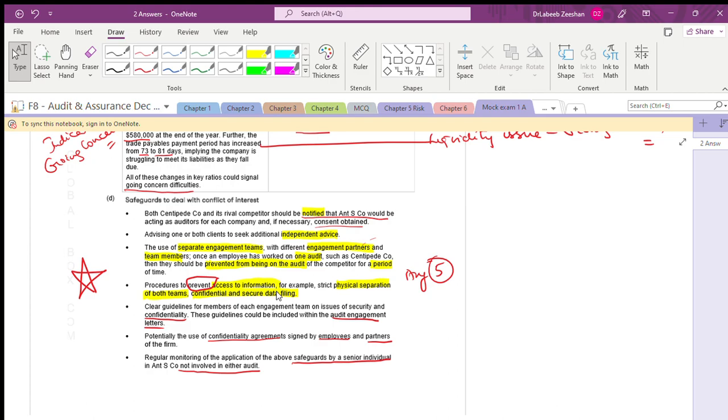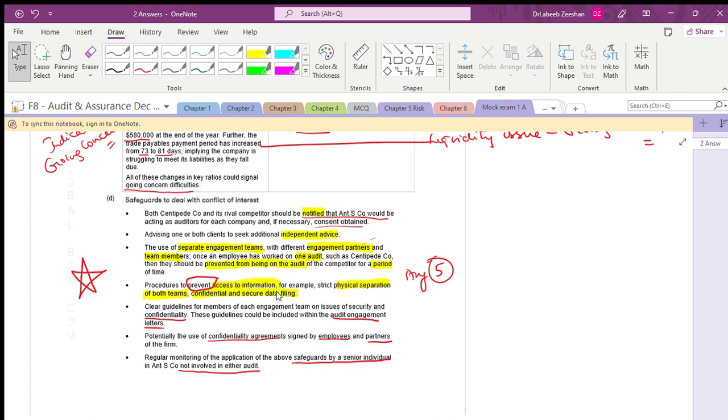They should have clear-cut guidelines about confidentiality, and the confidentiality clause should be in the engagement letters. See how strictly they put things into consideration. The confidentiality clause should be signed both by the employees and the partners, because there will be interaction between the employees and with the partners.